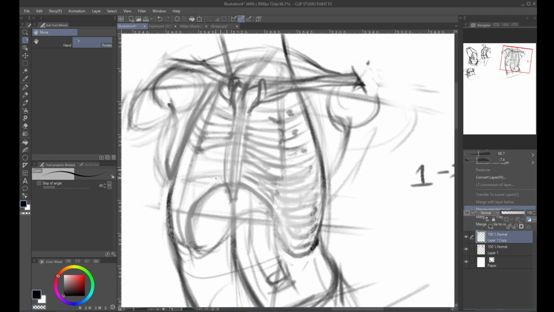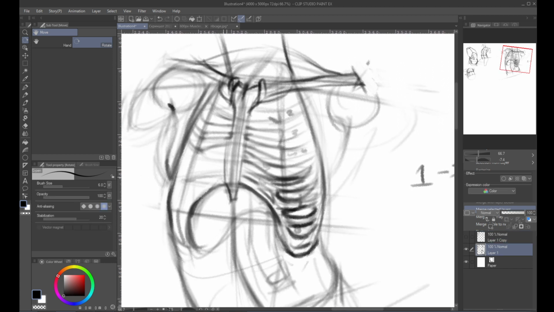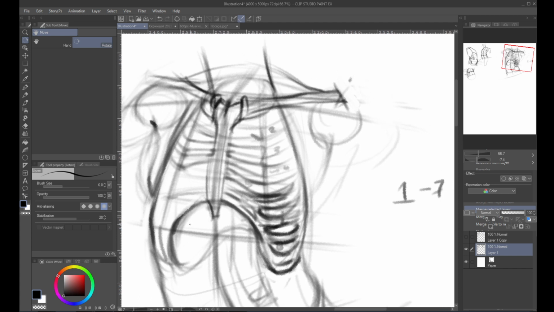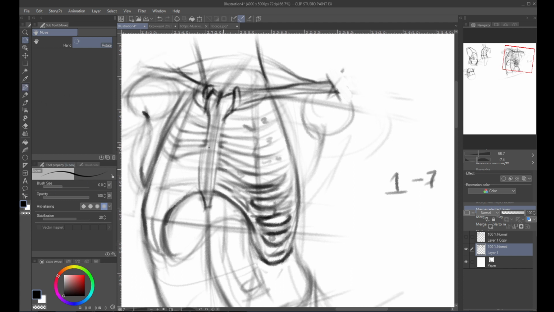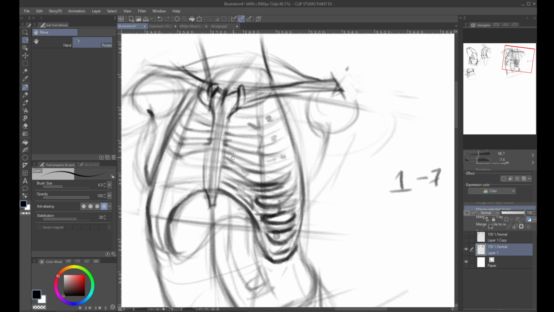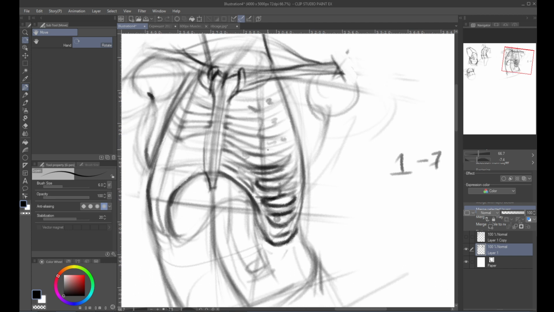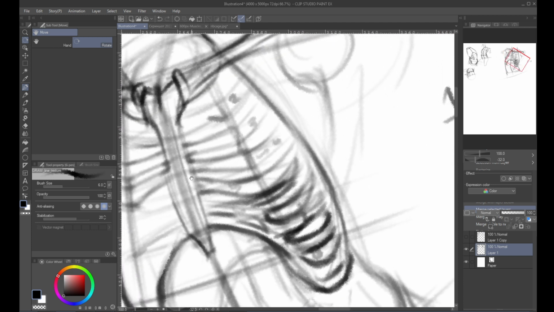Should I maybe wait then and instead detail the ribcage a little bit while you're catching up? Because I'm not sure what speed you guys have.